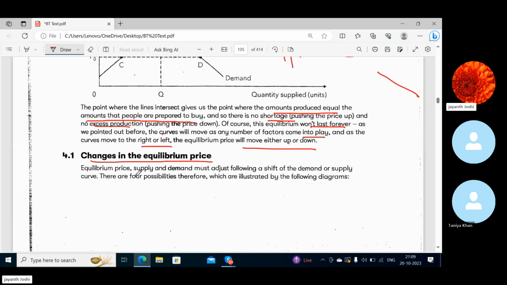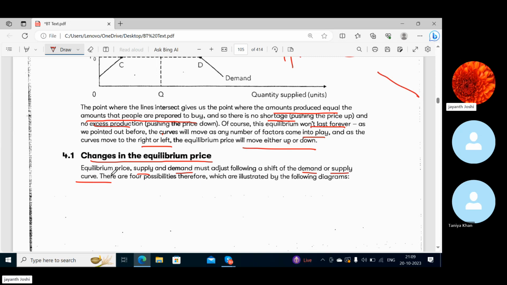Equilibrium price, supply and demand must adjust following a shift of the demand or supply curve. They are saying that three things must adjust if there is a shift in demand or supply curves. What three things should adjust? Equilibrium price.